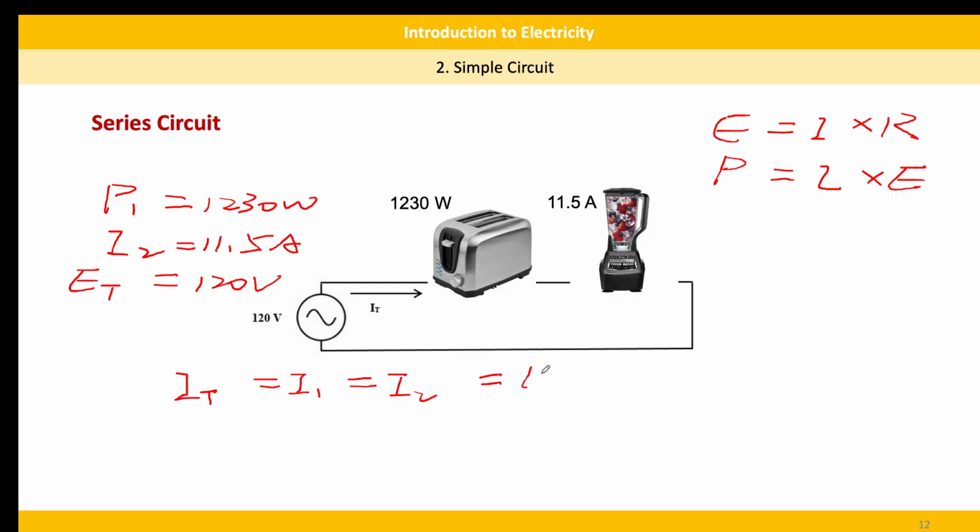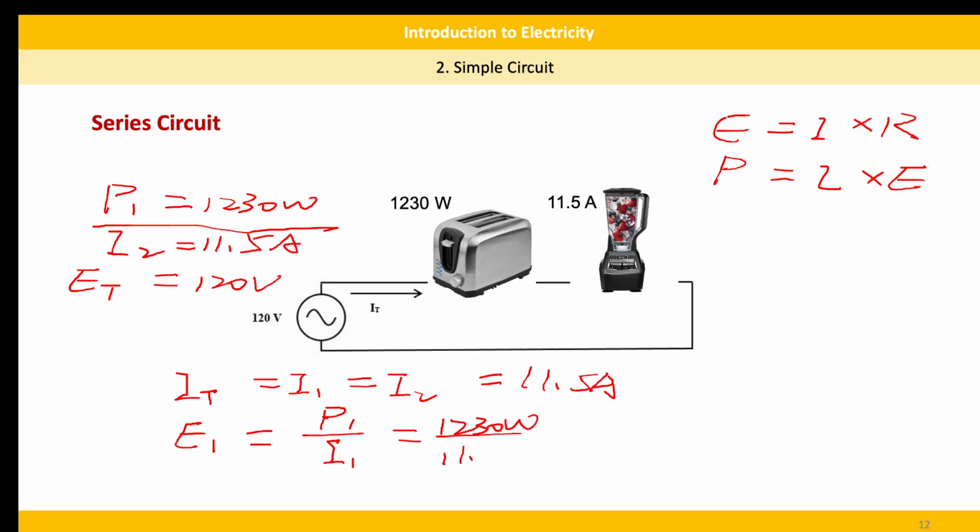So we already know P1. So what can we get? We can get E1, P1 divided by I1. Okay. We can get E1. And then we already know ET total is 120. So E2, maybe we can use this method, ET minus E1.